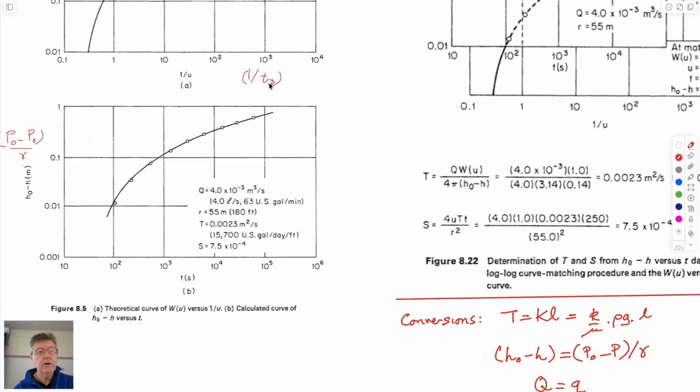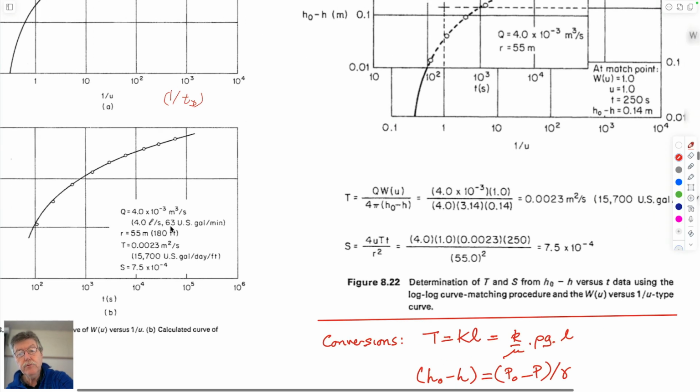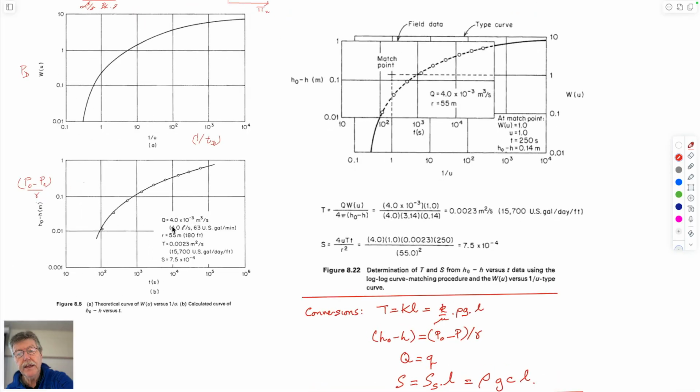So if you plot 1 over TD, then I guess this is time. Then what you can do is overlay these two graphs on top of each other. If you overlay them so that your data points overlap, this is changing in gradient, so you have to shift it around until you get an exact fit.